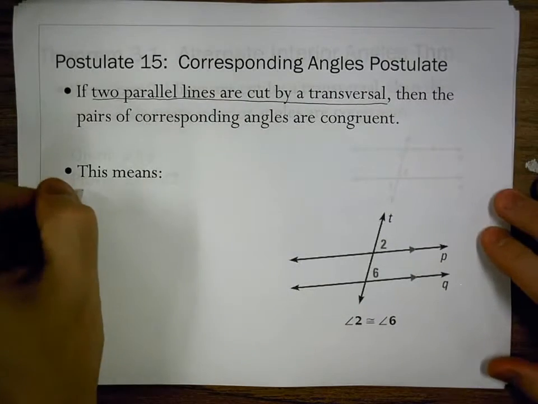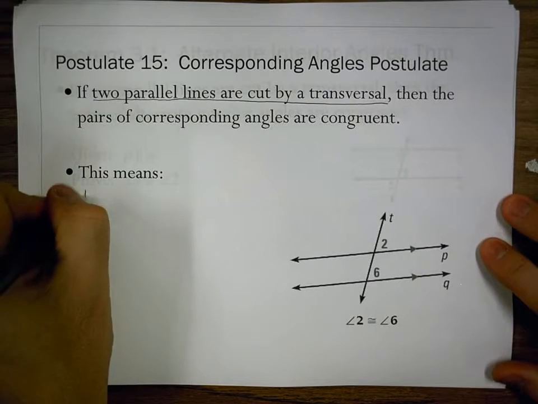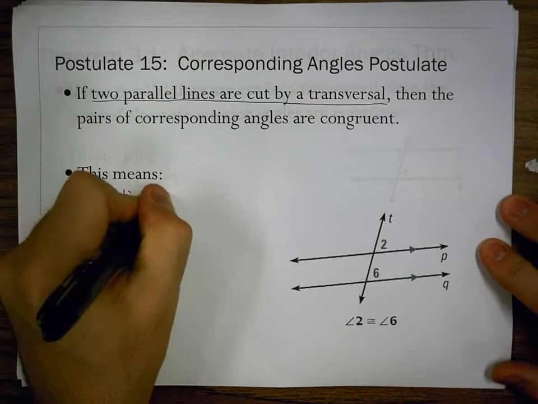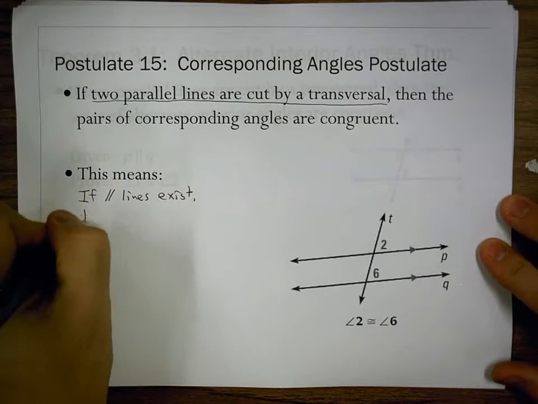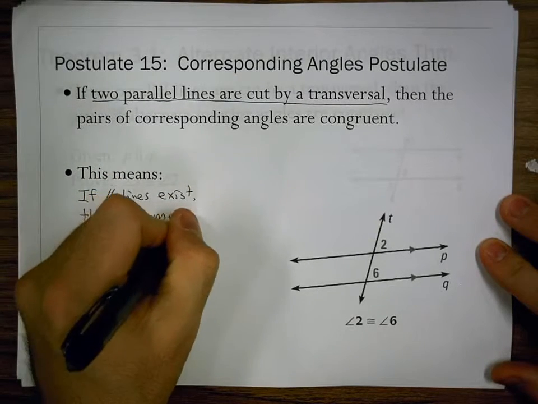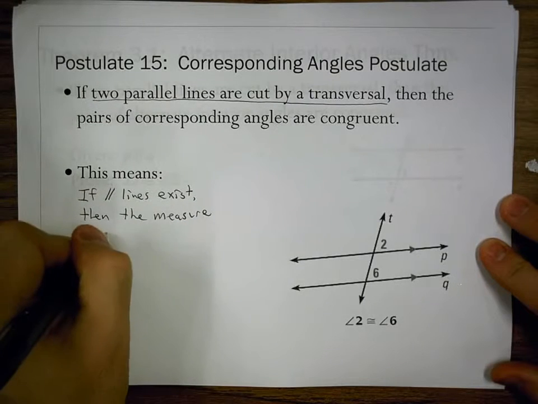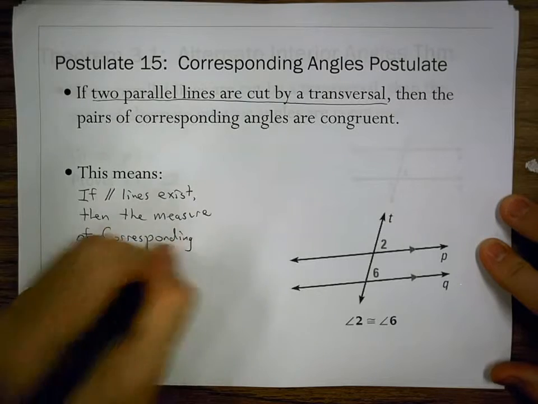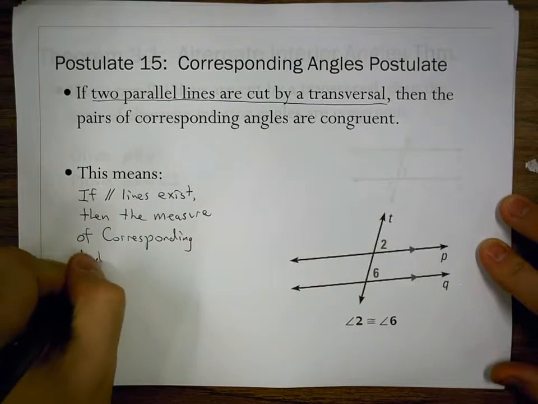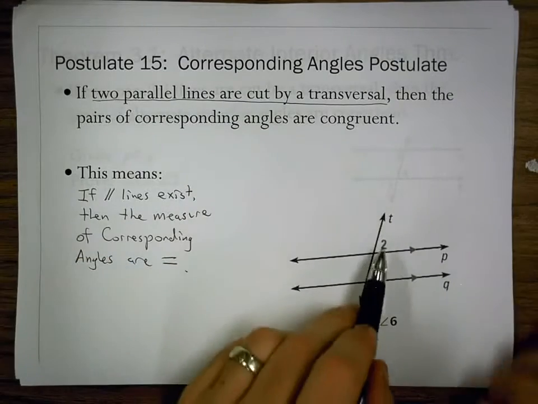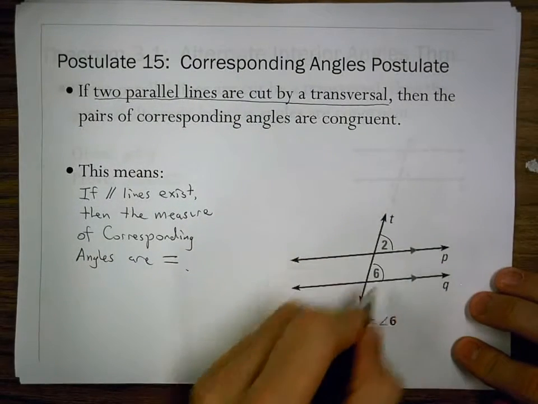So it says if we have parallel lines, or if parallel lines exist, then the measure of corresponding angles are equal. 2 and 6 are going to be the same.